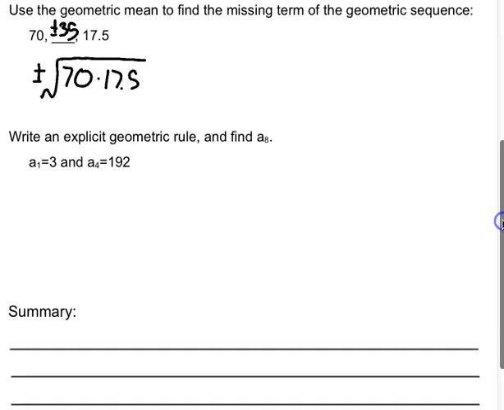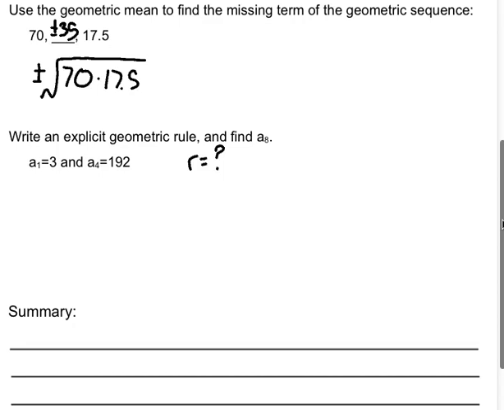And then, what about this? When I know two terms that are not sequential. Well, remember, you use the explicit geometric rule to find that missing information. I know A1, I know we're talking about the fourth term, and I know what that fourth term is. What I need to know is r.